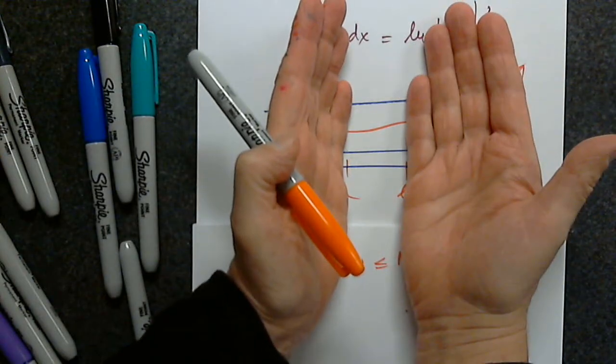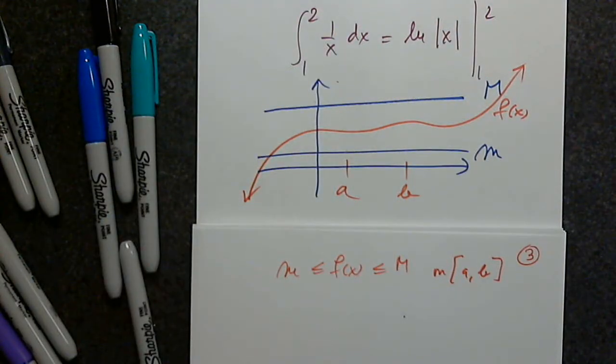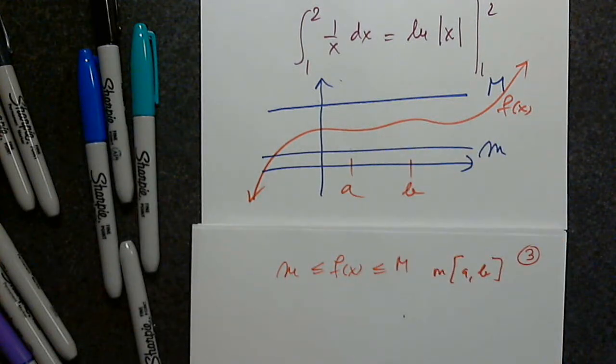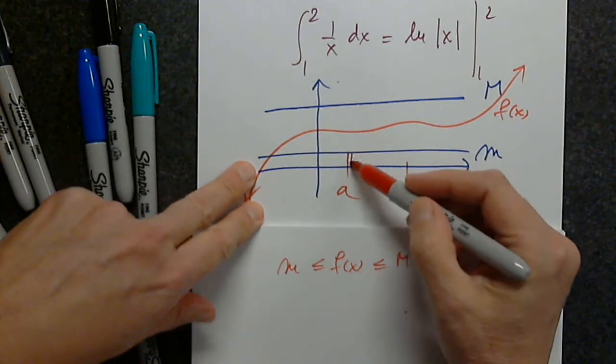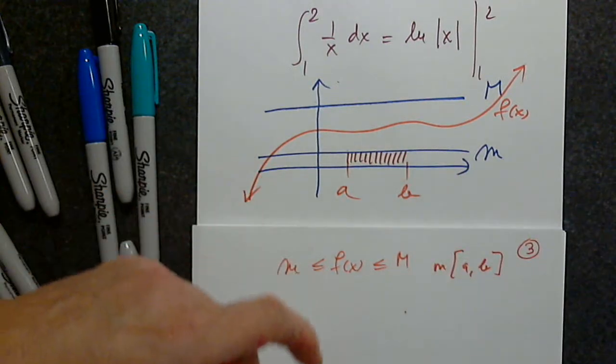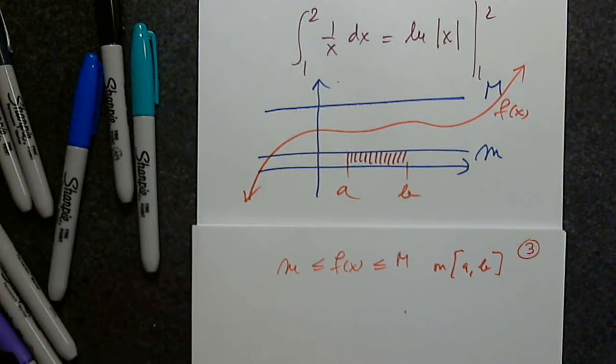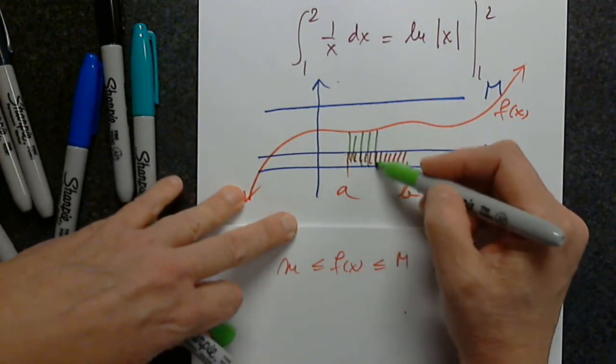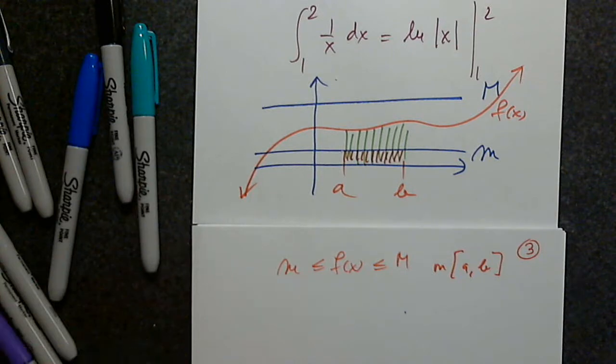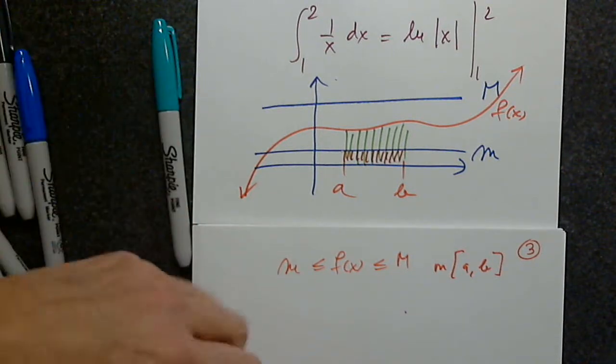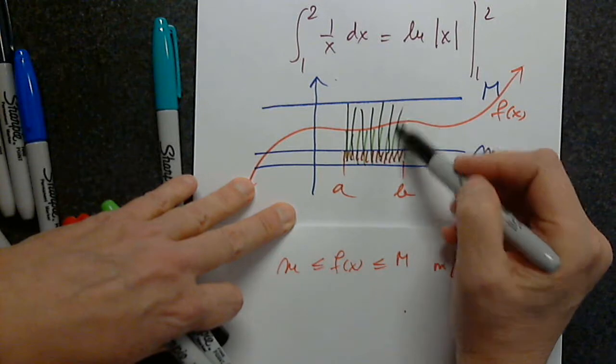Would you agree? This is not the squeeze theorem, but it's a function valued. All the function values are between these two. They're bounded. We say they're bounded. The function values are bounded below by lowercase m and above by uppercase M on the interval a comma b. Then would you agree that this area under lowercase m must be definitely smaller than the area under the function, which in turn is definitely smaller than the area under uppercase M?